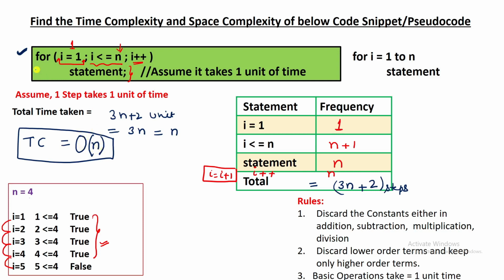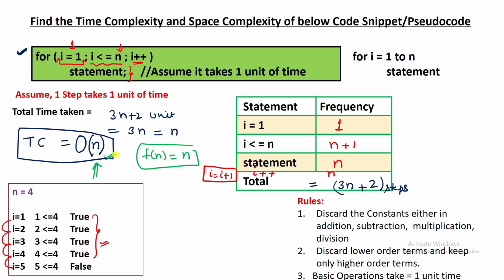So you can say the time is changing for this program at the rate of n, that is, linearly your time is changing for this algorithm. So this is the time complexity, big O of n. In mathematics you can say this is a linear function.